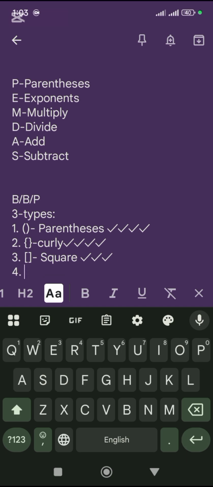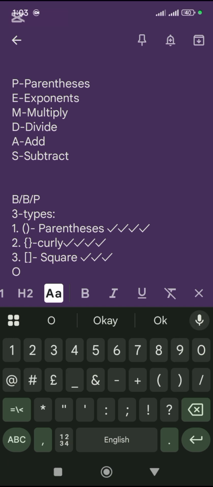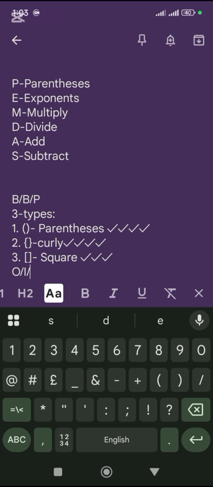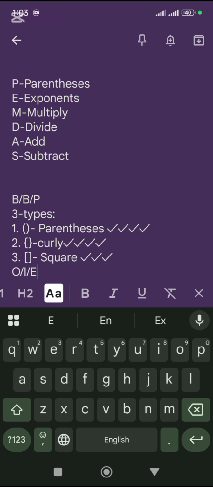All right, now how about the O and the I, which is the index, and the E, which is the exponents?